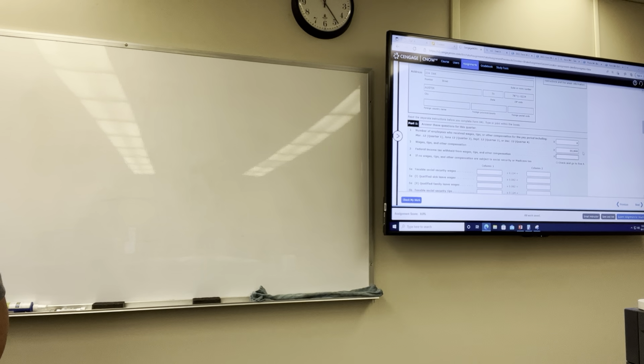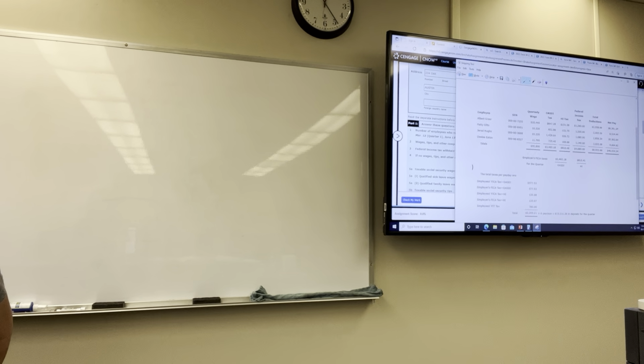All right, you can put, I don't know if they want the 0.00 probably. All right, federal income taxes withheld. Exactly, 4,680 right there.